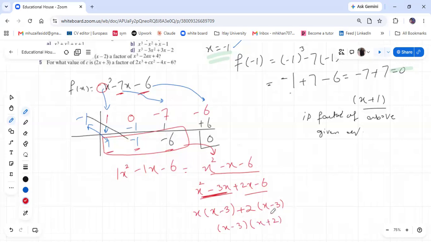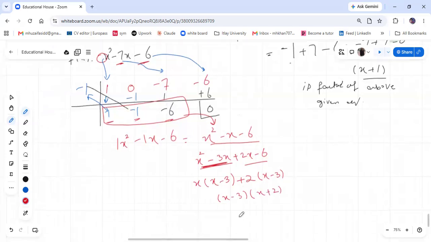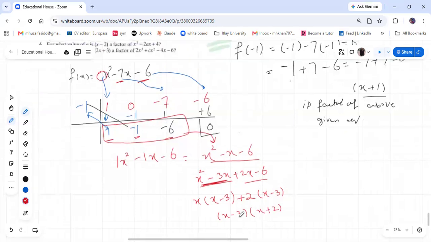Got it? Yeah. So if you are reminding, yesterday we used the previous method, like if our factor is multiplying with the quadratic equation, a of x square plus b of x plus c, then we are finding the a, b, c values.